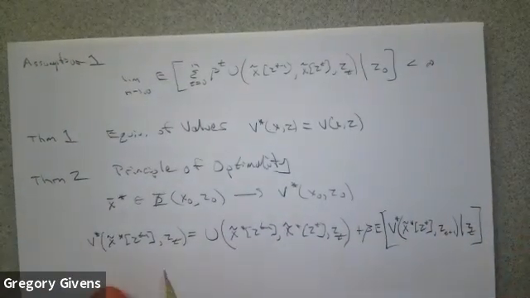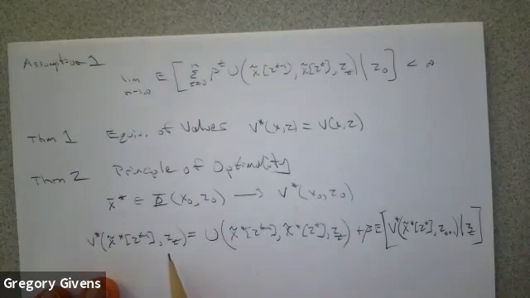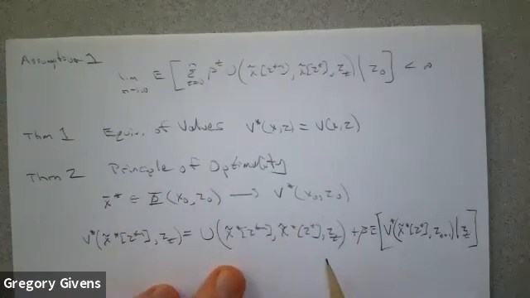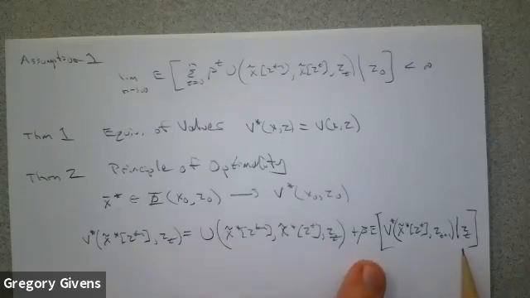Everybody see that? So if we've identified a sequence of contingency plans that achieves the maximum value of the sequence problem, that is V star, then V star can be written as the optimal value of the current return, plus the discounted conditional expectation of the continuation return.